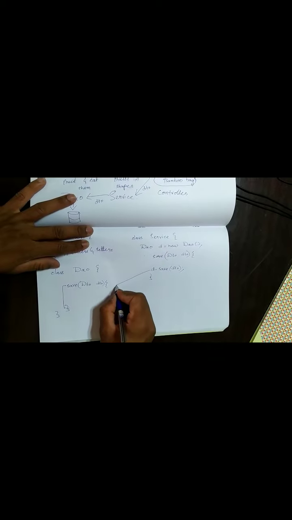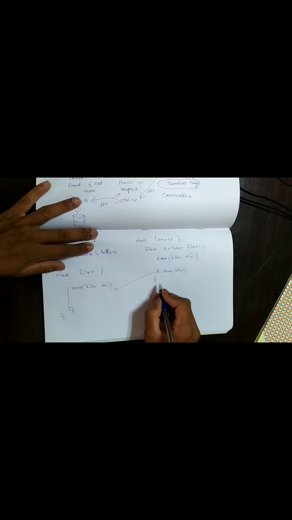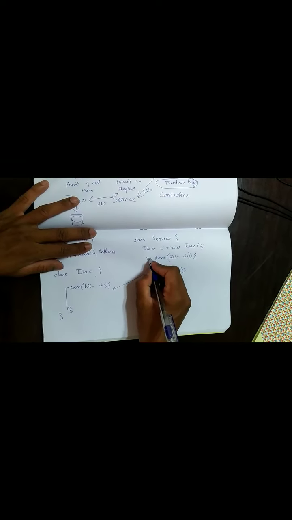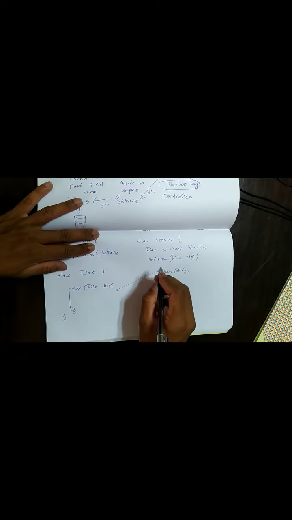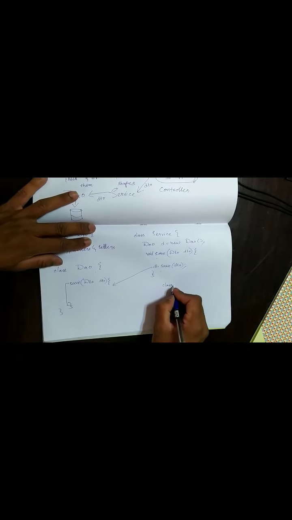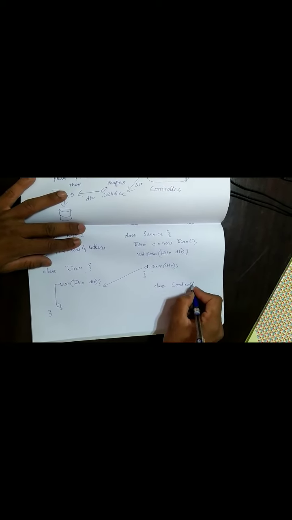So it is received from the service layer to the DAO layer, but actually this service layer is receiving the data from the controller. The last layer is the controller layer.